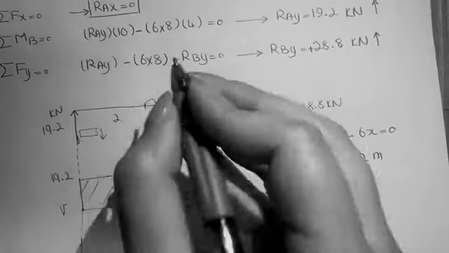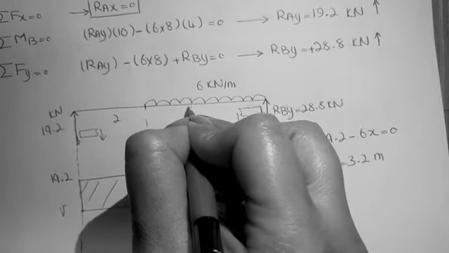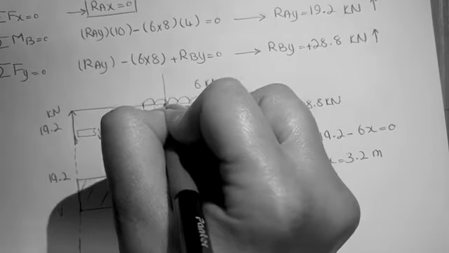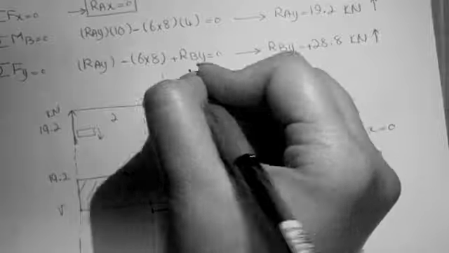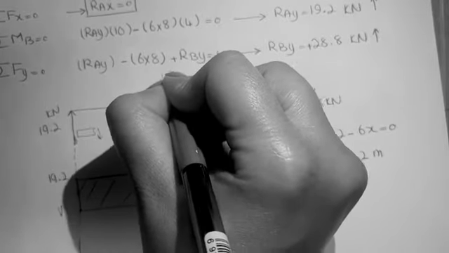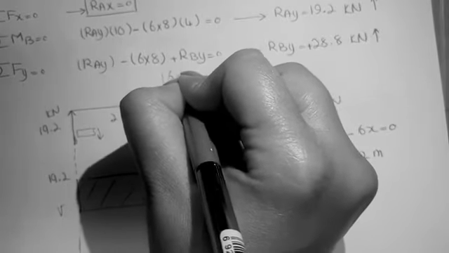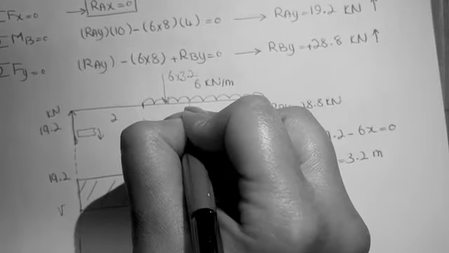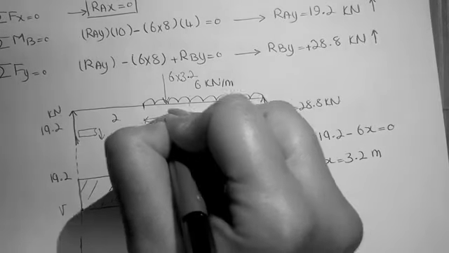You can see that we are allowed to substitute it with a concentrated force, which has the magnitude of 6 times 3.2 at the middle of this x.